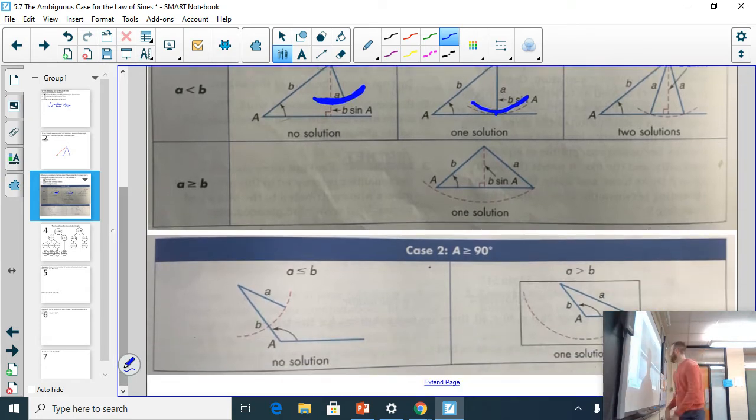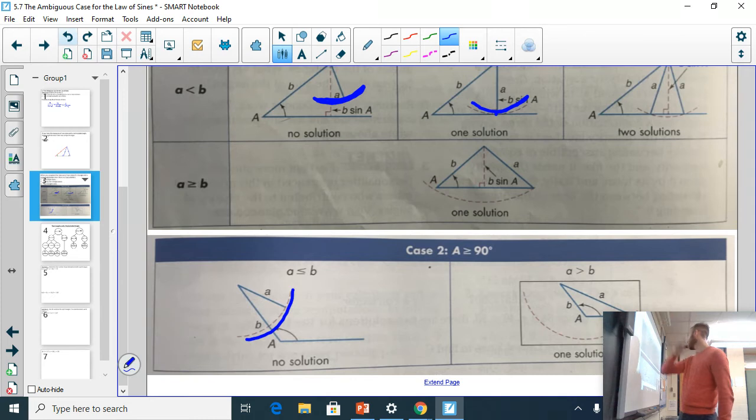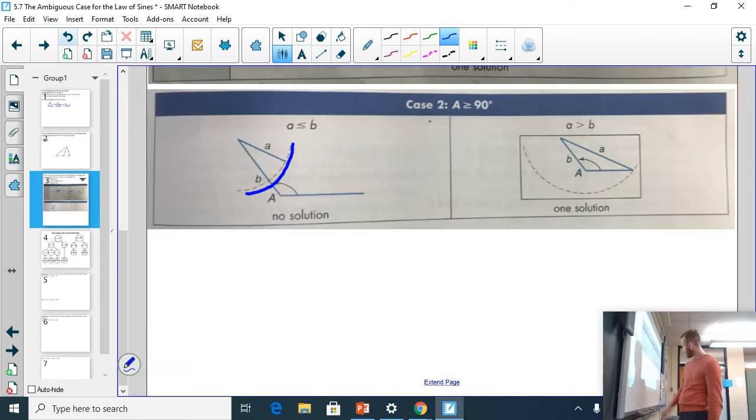And for our second case, where our non-included angle is bigger than 90 degrees, it's a lot simpler. If a is less than or equal to b, then wherever we swing this, we can't connect it here, so that is going to be no solution. And then likewise, if a is greater than b, there's always going to be one solution.